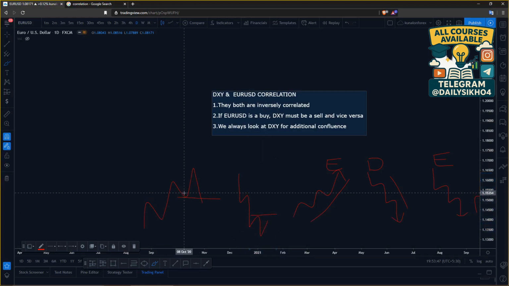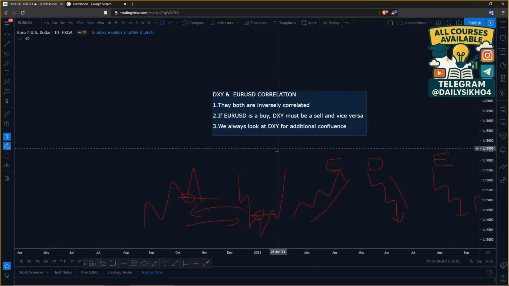So as this happened on Euro USD, we can assume that most likely this is also going to get broken. You can look at this, and you can also look at this. Whichever does the action first, that's the signal you get beforehand. Before it does, you can understand what it's going to do.